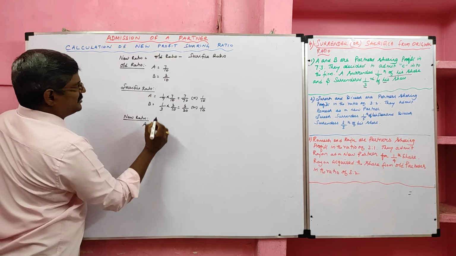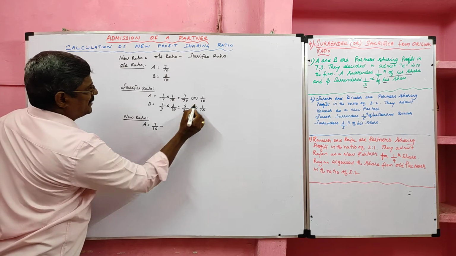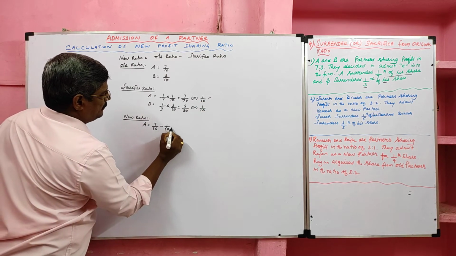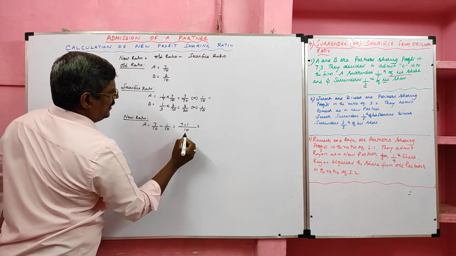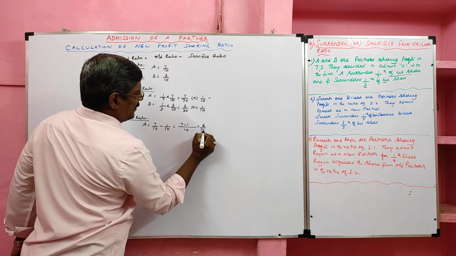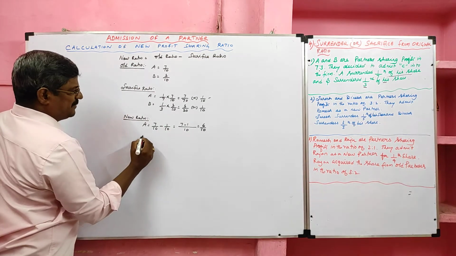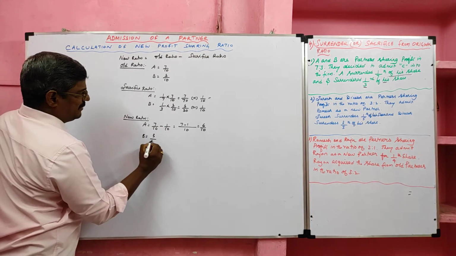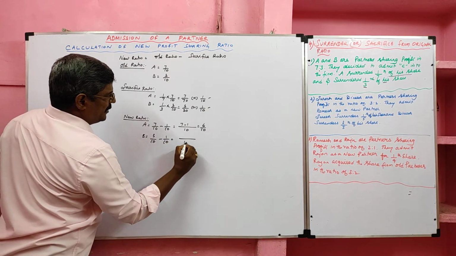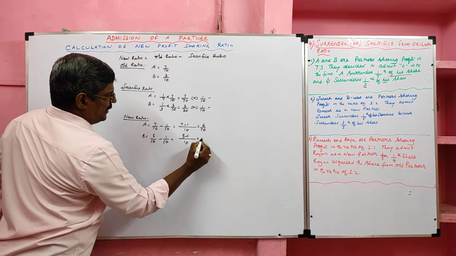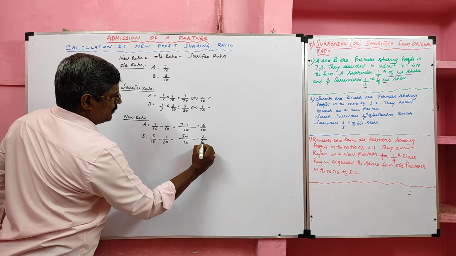A's old ratio 7/10 minus sacrifice 1/10, common denominator 10, 7 minus 1 equal to 6/10. So A's new share 6/10. B's old share 3/10 minus sacrifice 1/10, common denominator 10, 3 minus 1 equal to 2/10.